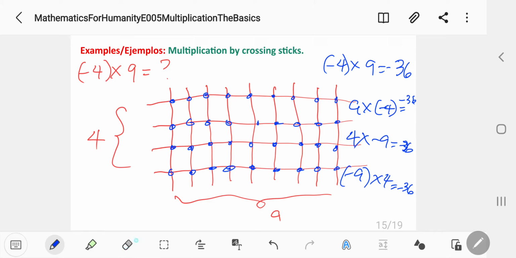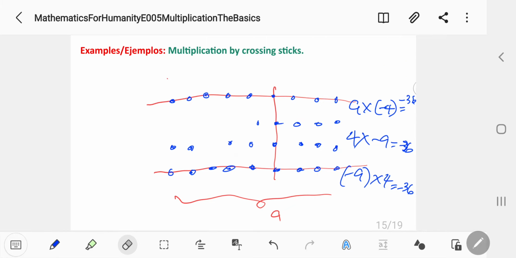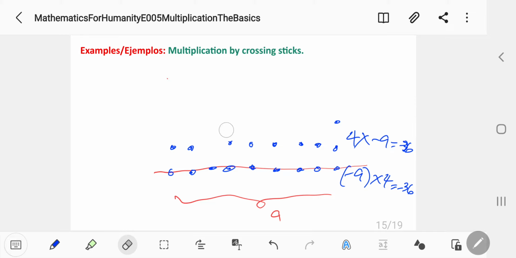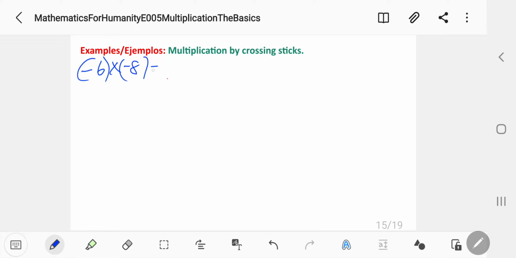Then the last one would be -8 times -6. So -6 times -8. What is the result here?